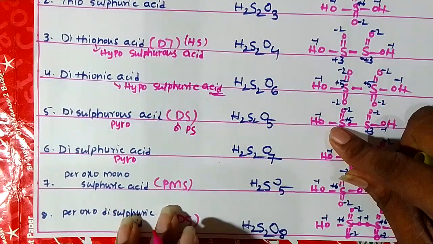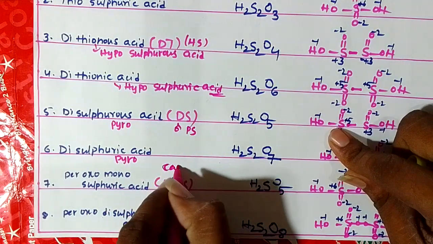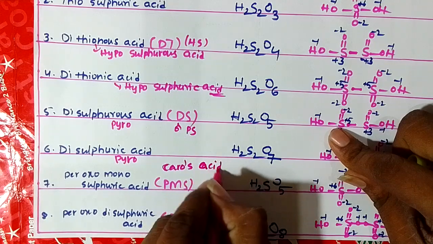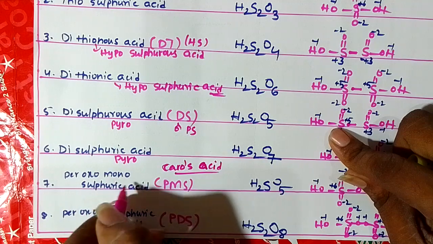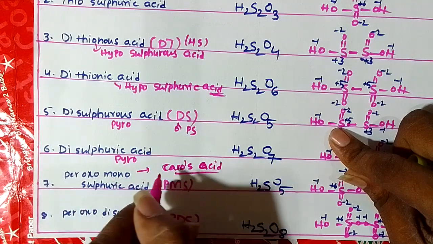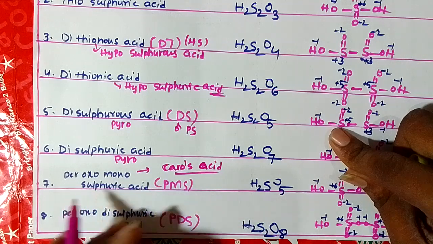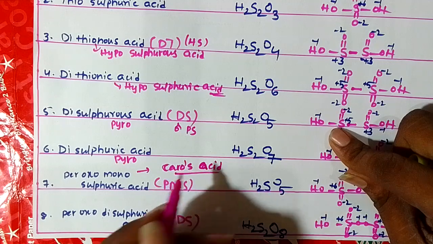Now coming to peroxymonosulfuric acid. Peroxymonosulfuric acid is also called Caro's acid. So you should remember Caro. Peroxymonosulfuric acid, mono Caro. Mono means one, Caro. I have one Caro. Peroxymonosulfuric acid, commercially we can say Caro's acid.